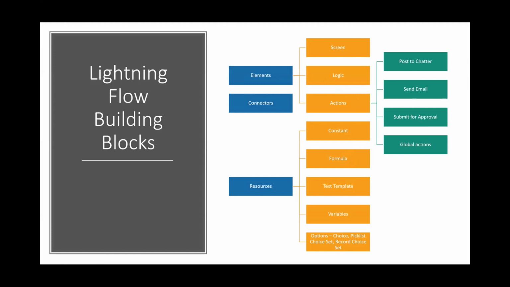You can actually write formulas and use them as resources in some of your elements based on the business logic that you're using. A text template is basically static text which can be made dynamic with the help of formulas. For example, it can be a piece of content you're sending within an email to a customer.